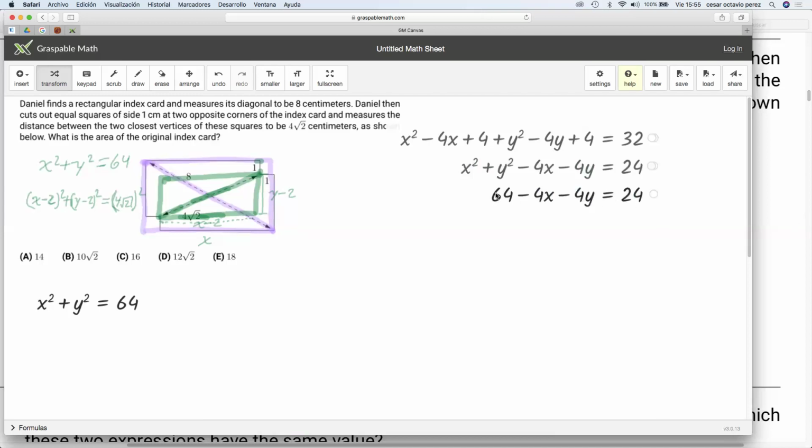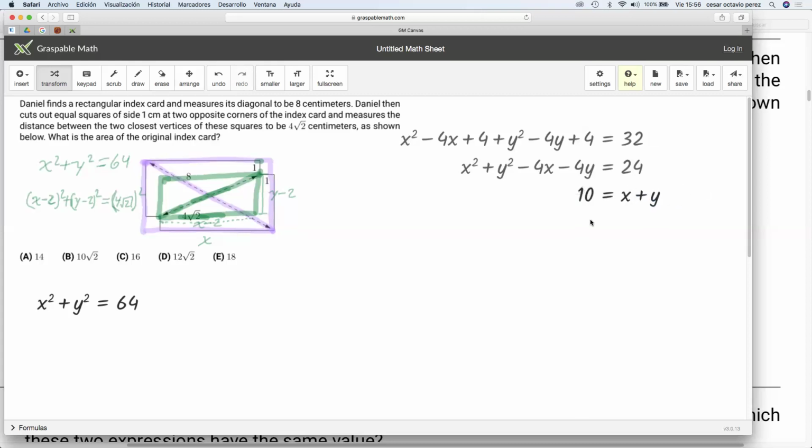Yes, we can subtract 64 on both sides, and we will get this. It's the same, but I prefer to get positive numbers. We will get the same result. So we can factor this one.